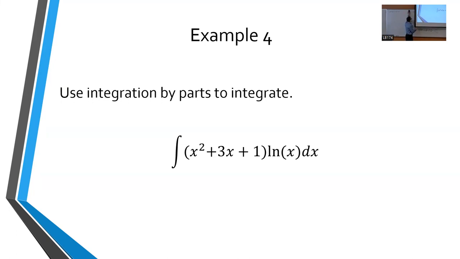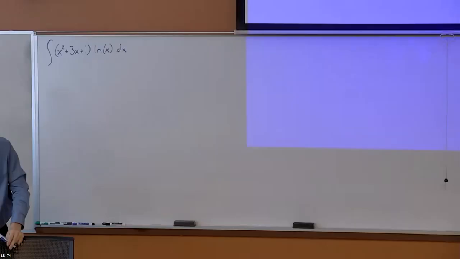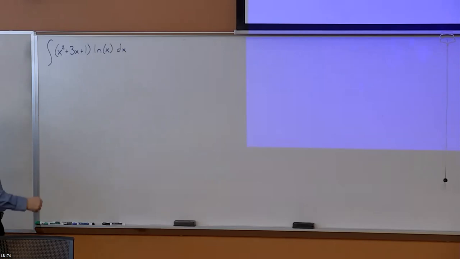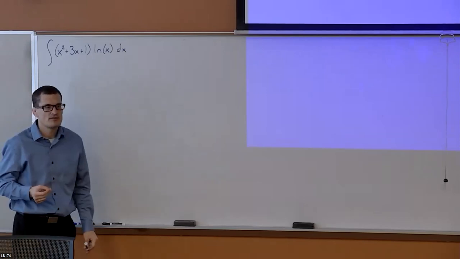Now, we just dealt with a lot of polynomial times e to a power. And in those cases, we kept our polynomial as the g. However, in these types of integration, we are going to do the opposite.